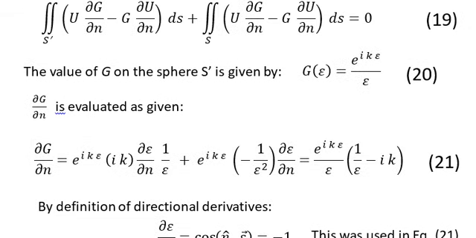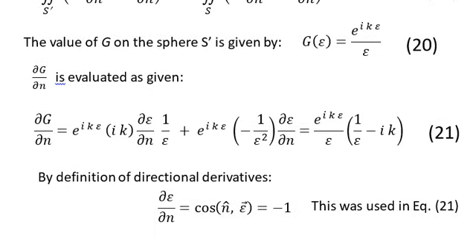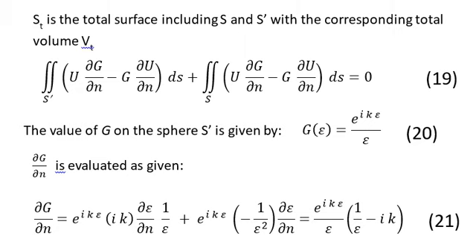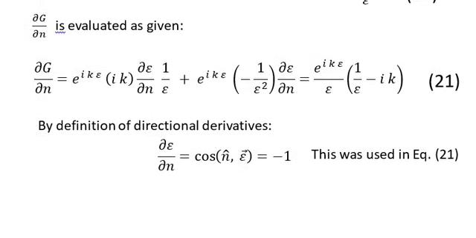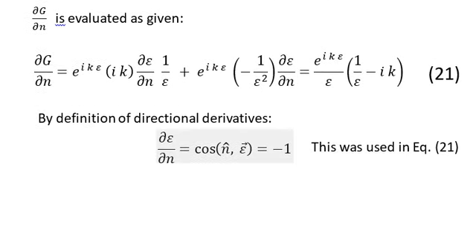Now we have equations 20 and 21, and we can use these equations to evaluate the surface integral over the surface S prime. By the definition of directional derivatives, the partial derivative of epsilon with respect to n is equal to the cosine of the angle between the unit vector n and epsilon, and the angle between them is 180 degrees, which is pi, so cos of pi is equal to minus 1. This has been used in equation 21 to obtain it in its present form.